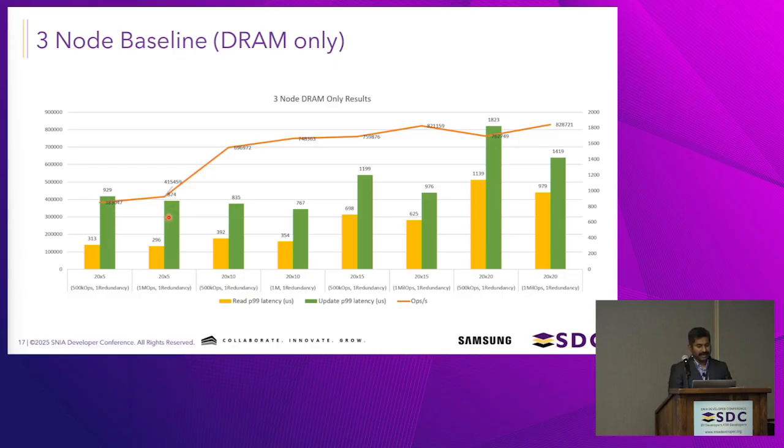On the latency side, it's a similar pattern to what we saw in the single node. Within the same concurrency, the latency per IO is dropping, but as you go to higher concurrency, the latency goes up.